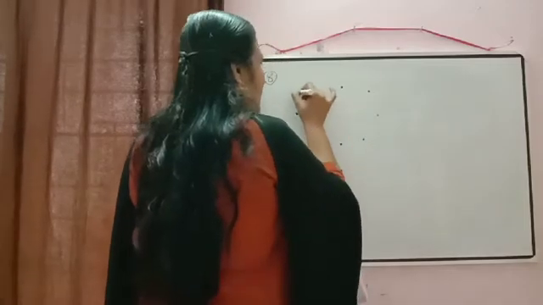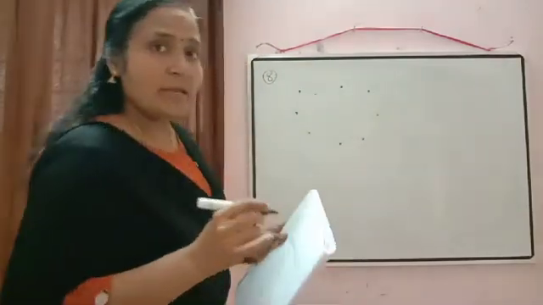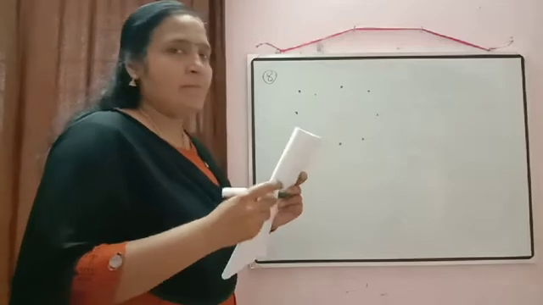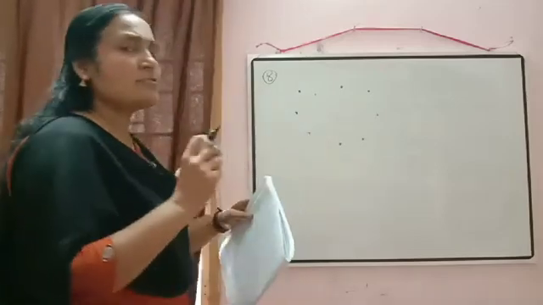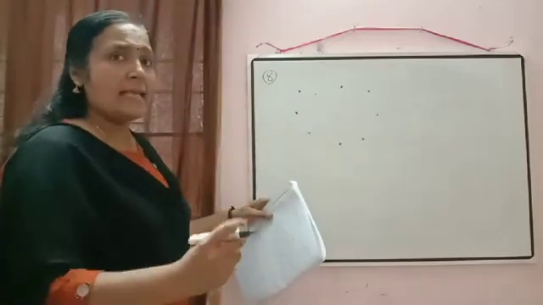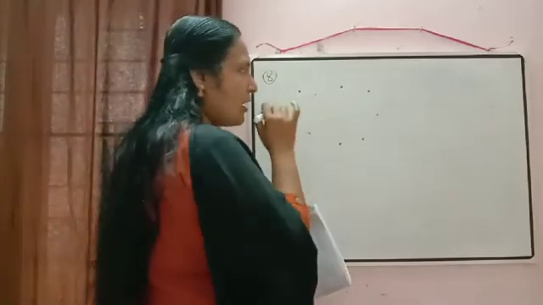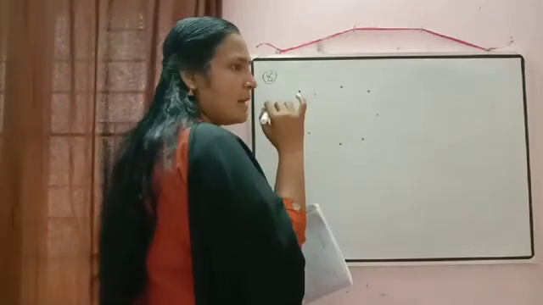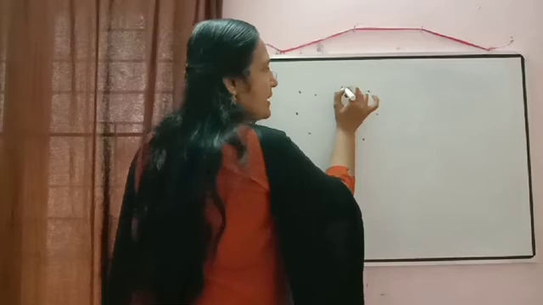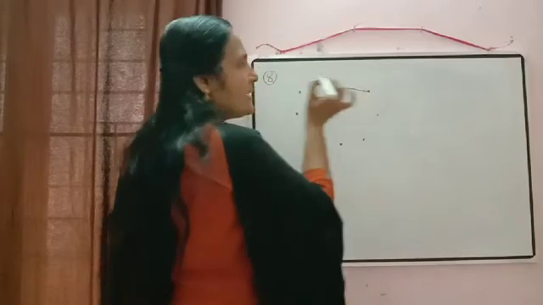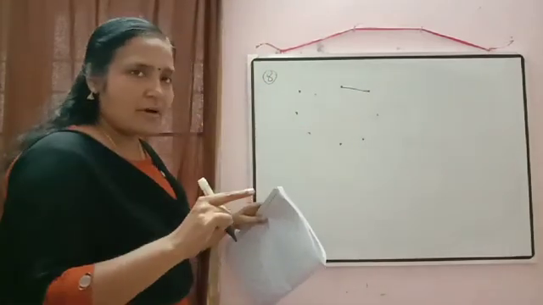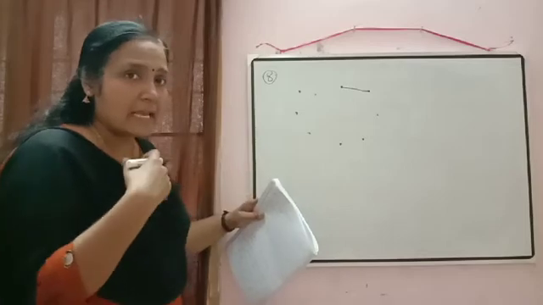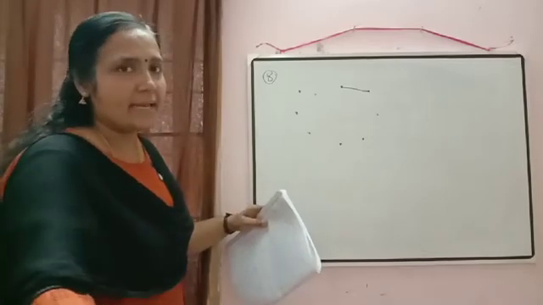You have to draw a chord there. Total how many points are there? 18 points are there. And chord means what is that? Chord is a line segment there. So to draw a chord there, at a time how many points we need? Yes, we need 2 points at a time. Means out of 18 points we have to select 2 points at a time.